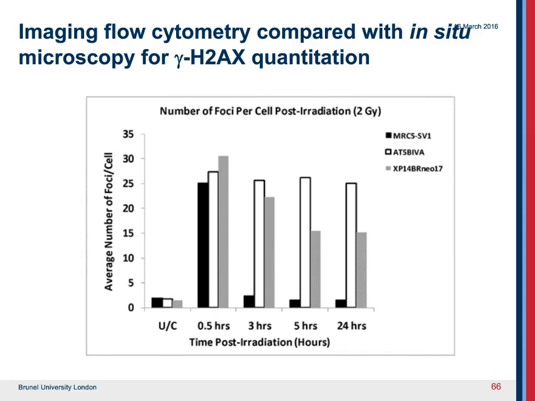And if you remember from the earlier slide, we saw slightly different patterns of DNA repair. In the normals, you see the induction and the repair, and then in the repair defective cell lines, you see greater or lesser amount of repair.